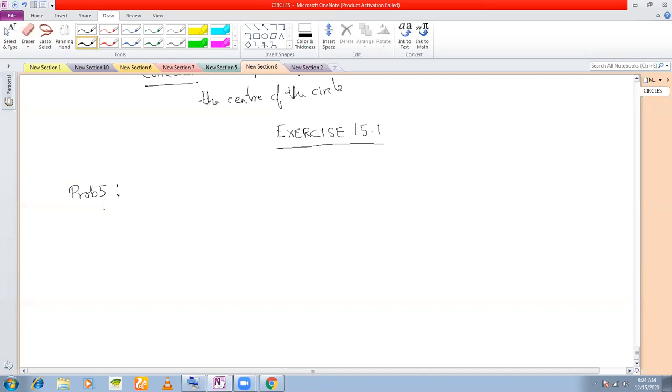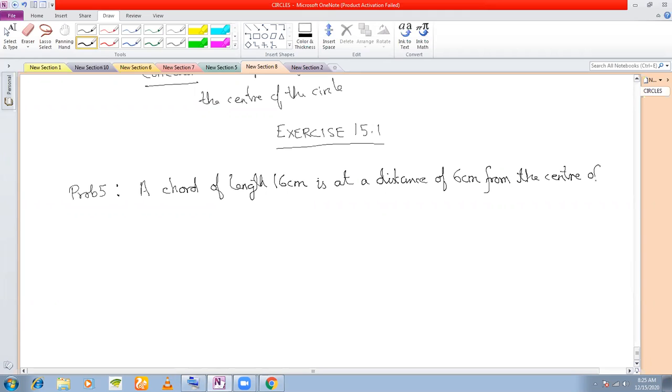Let's see what the question says. A chord of length 16 centimeter is at a distance of 6 centimeter from the center of the circle.